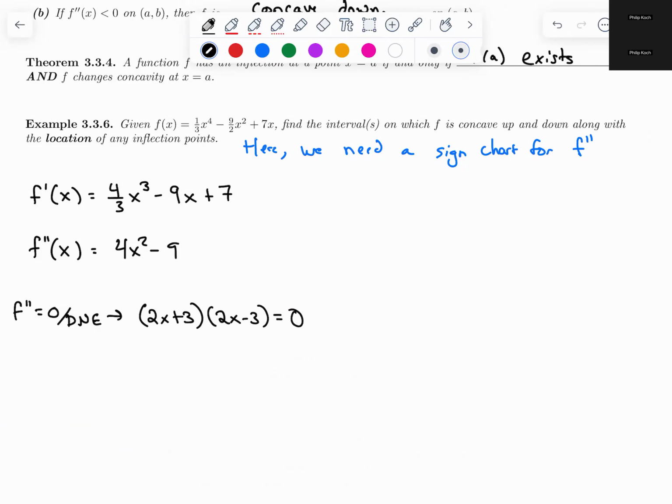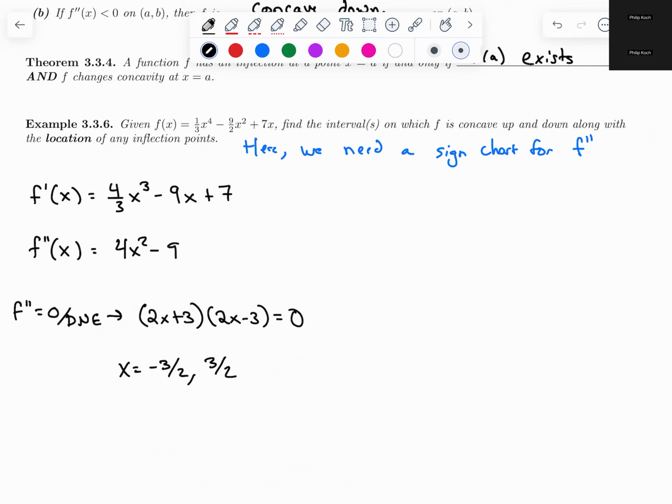And that gives me x equals negative 3 halves and positive 3 halves. Now, if concavity changes at those two values, then those will be inflection points, because f is a polynomial, which means it exists everywhere. So if we find that concavity changes, those will end up being inflection points.